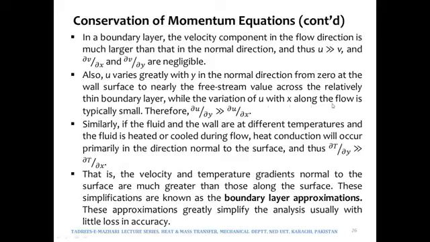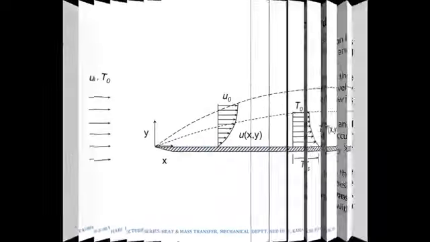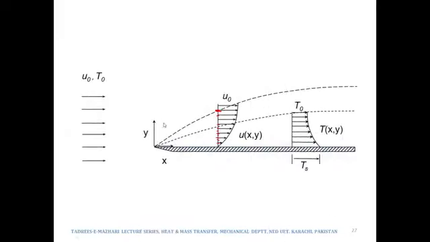while the variation of u along x, along the flow, is typically small, because if the fluid is flowing at, let's say, 5 meters per second, it will keep on moving with 5 meters per second. I am talking about the x direction. But due to the development of the boundary layer, the u will vary greatly within the boundary layer from a value of 0 to the value of u infinity at the end of the boundary layer.